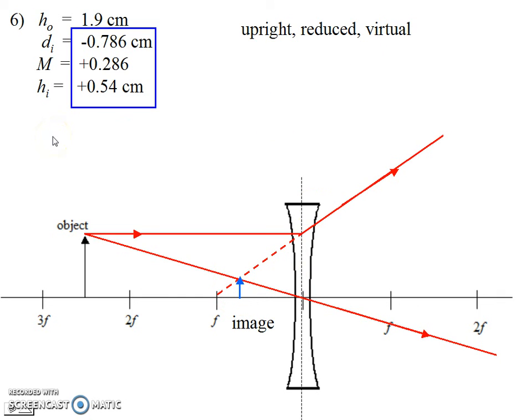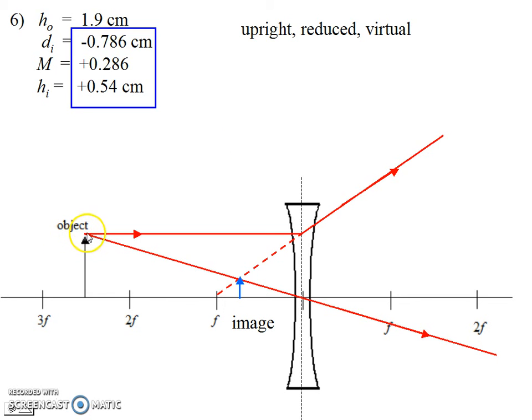Alright, so what about that focal ray? Well, you may already know what to do. Considering this is a diverging lens, it does the same sort of things as diverging mirrors, so what do we do? Well, we start from the tip of the object and we draw it as if we're going to go towards F on the other side. When we do diverging devices, we're always using the wrong focal point, or the opposite focal point compared to what we do for converging devices. So let's try this.